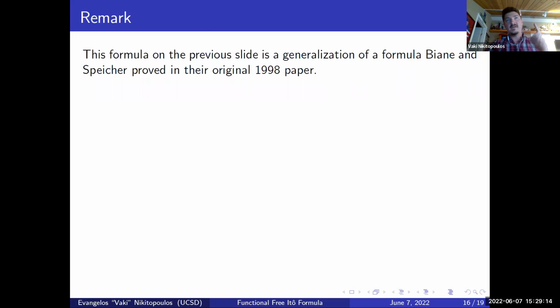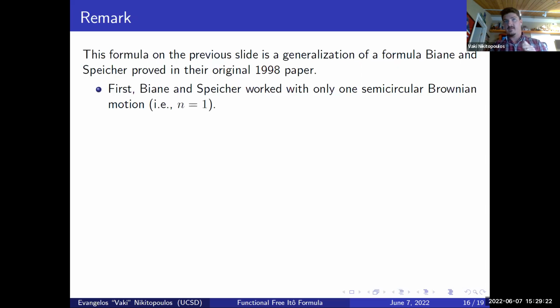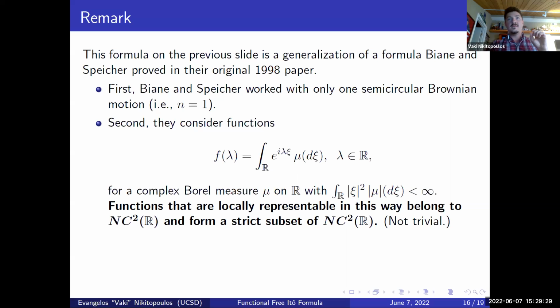So first, this formula on the previous slide is actually a generalization of a formula that Biane and Speicher proved in their original 1998 paper. First of all, they only worked with one semicircular Brownian motion, so they worked with the n=1 case. Secondly, and perhaps more interestingly, they considered functions f that can be expressed as a Fourier transform of a complex measure with a finite second moment.